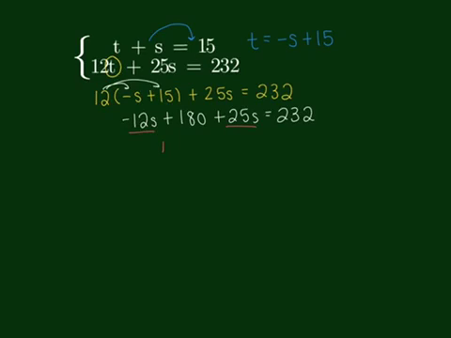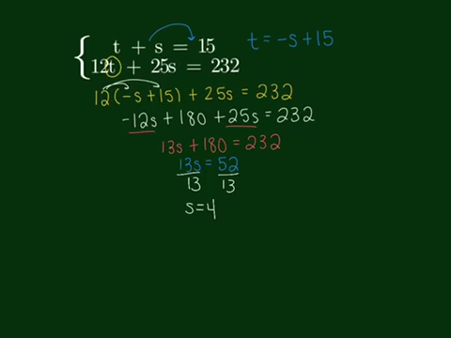So 13s plus 180 is equal to 232. Now I'll move the 180 over, so 13s is equal to 52. So if I divide both sides by 13, we get that s is 4.